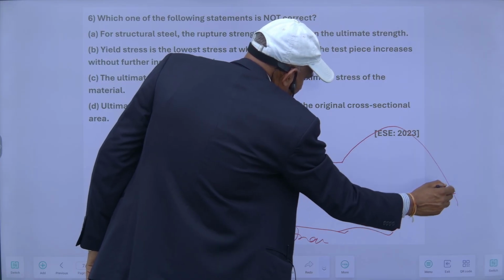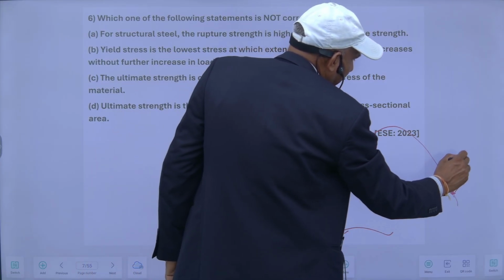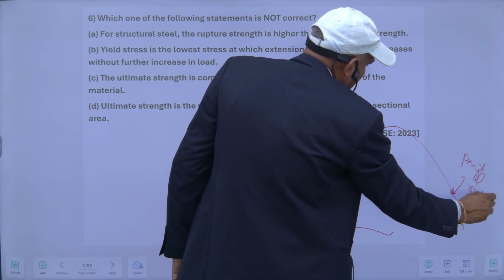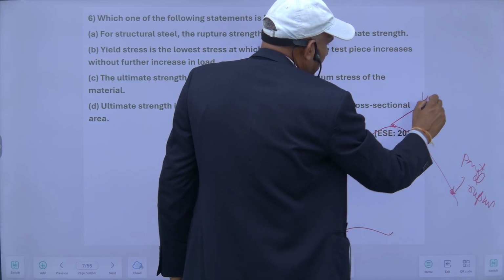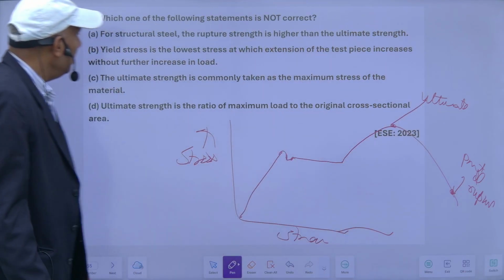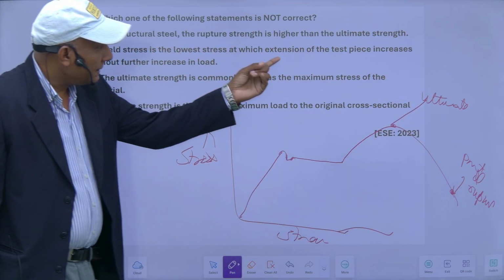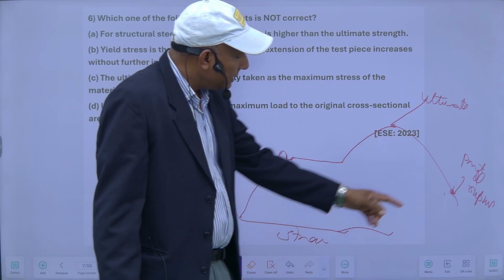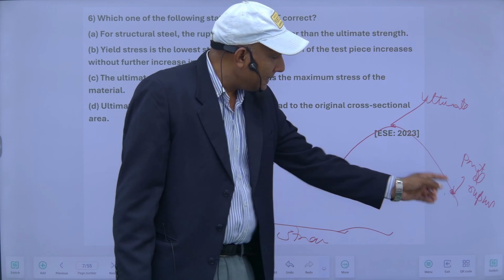This is the point of rupture, of fracture, and this is the ultimate strength point. So the yield strength is higher than the ultimate strength is not correct, because this is less than this one.